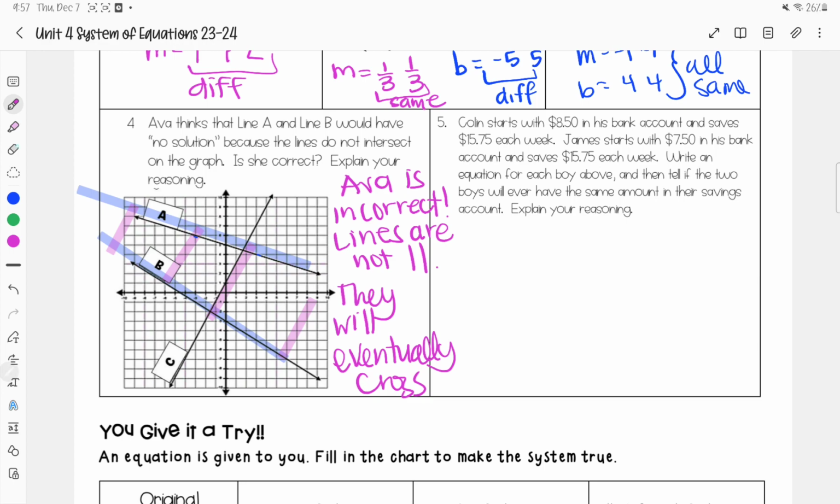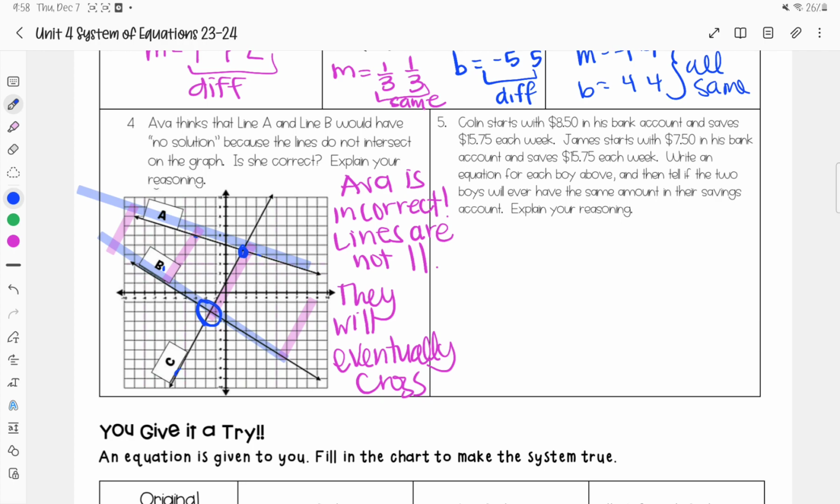You'd say, well, there's one solution. That solution would be right here if we were looking at B and C, because they are going to cross one time at that point. Also, A and C cross right here. So they also have one solution. They had different slopes to begin with.